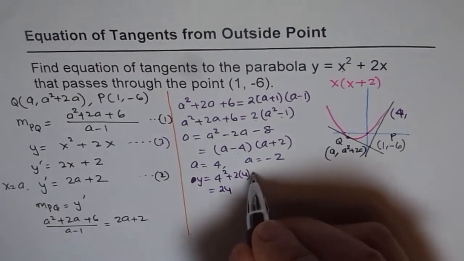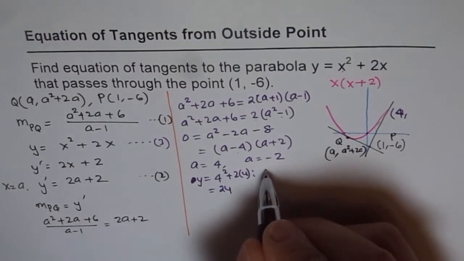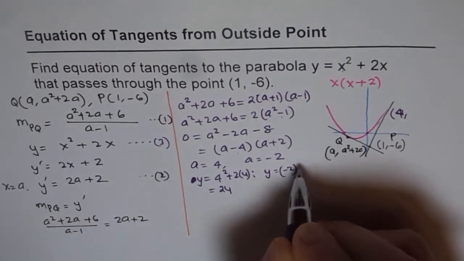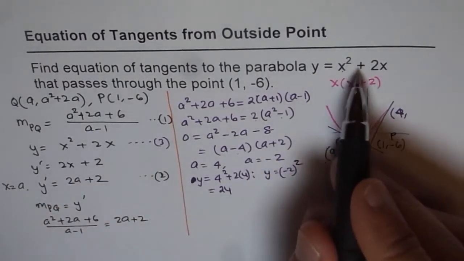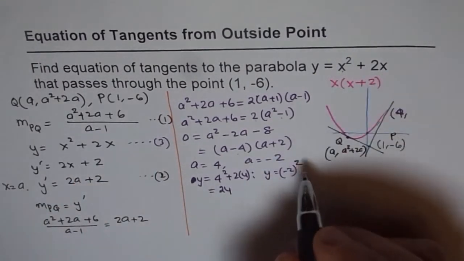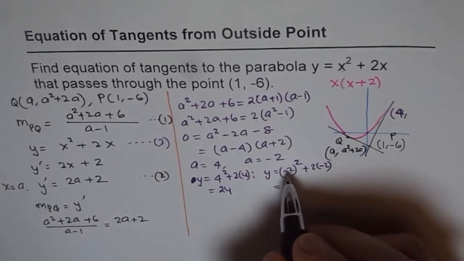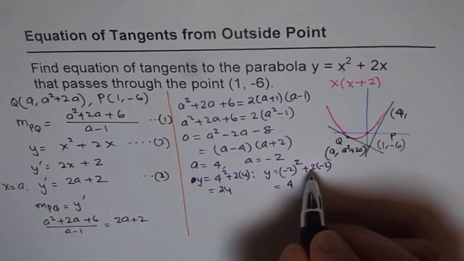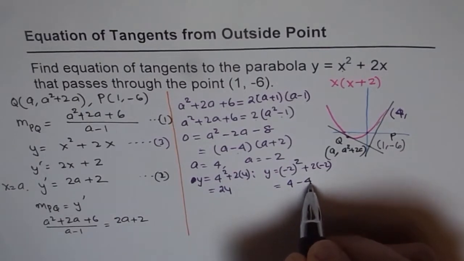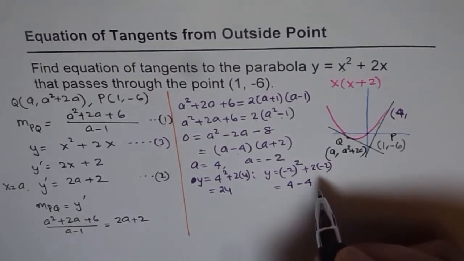And in this case, y will be equal to minus 2 square, right? This value, a square plus 2a, right? Plus 2 times minus 2. That means 4, and 2 times minus 2 is minus 4. That means 0, right? Y value is 0 for this place.